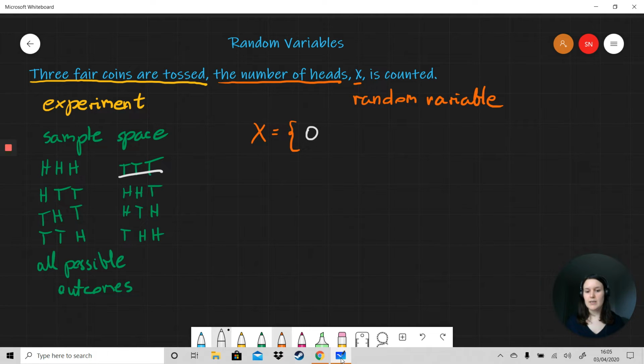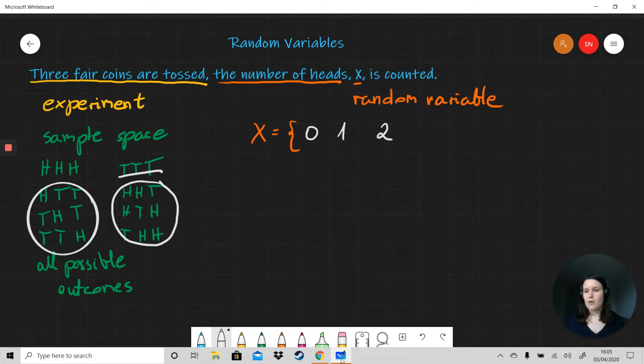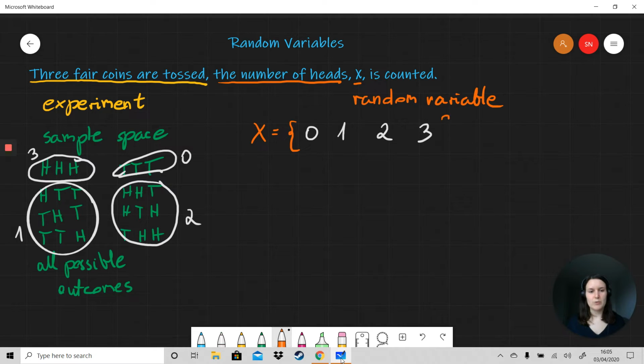Could be 1, here we have 1 time heads. Could be 2, here. Or could be 3, here. So here we have 0 heads, 1 head, 2 heads, and 3 heads. These are all the possible values of the random variable.